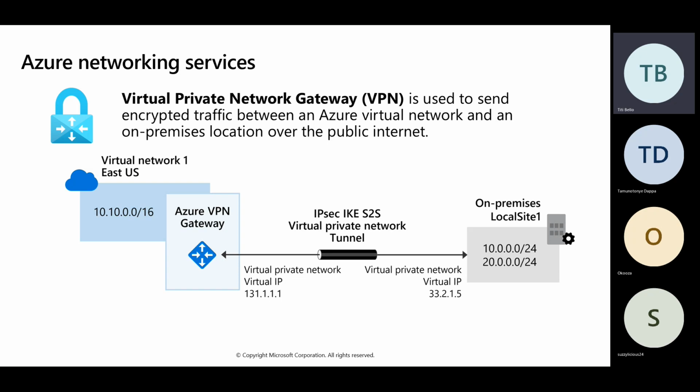So on the Azure Network Service, actually, we have what we call virtual VPN as well. So virtual private network, that's VPN, is used to send encrypted traffic between an Azure Virtual Network and an on-premise location over the public internet.